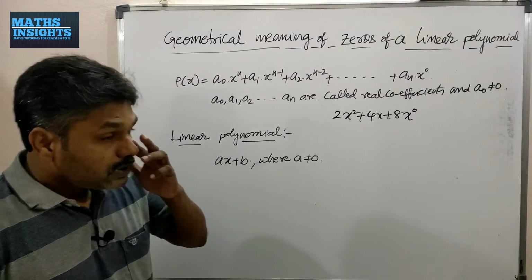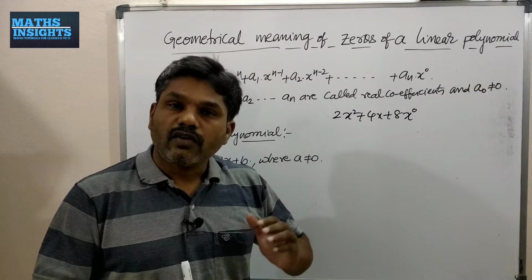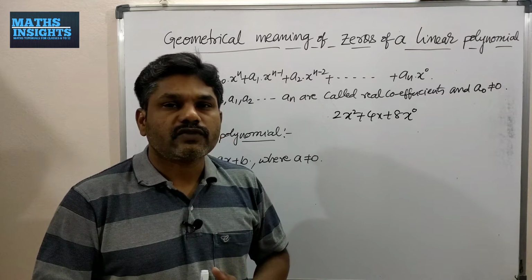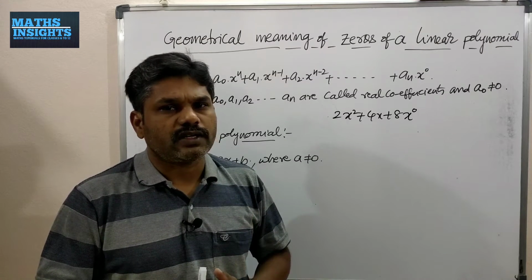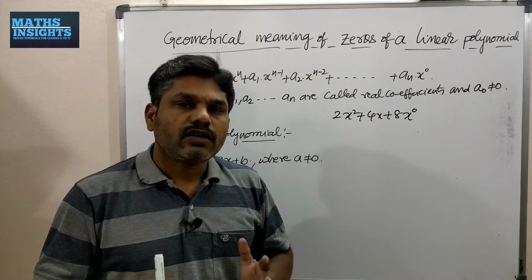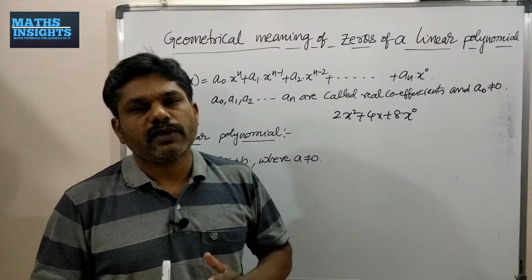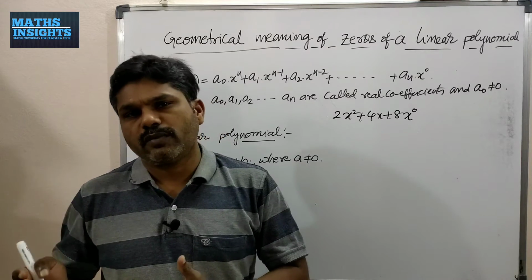And coming to zero of the polynomial. What is meant by zero of the polynomial? We already discussed in the previous video, but I want to say one time again here. See, you have one variable in a particular polynomial, whatever it may be, linear polynomial, quadratic polynomial, cubic polynomial.